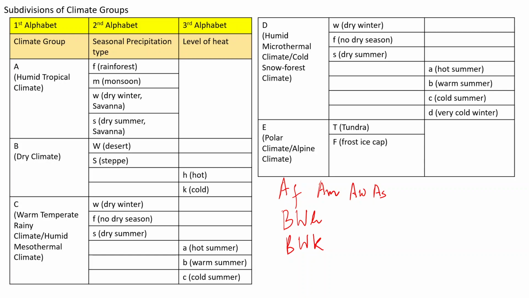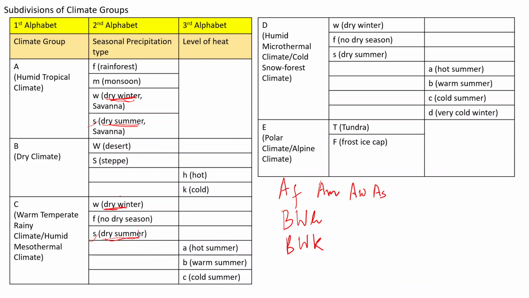So if you see here, the small w in both the cases relates to dry winter, even in tropical humid climate and in the temperate climate. So if it is a small w, you have to understand that it is for dry winters. F is no dry season, so it is always wet, and S is dry summer. In both cases, S stands for dry summer.